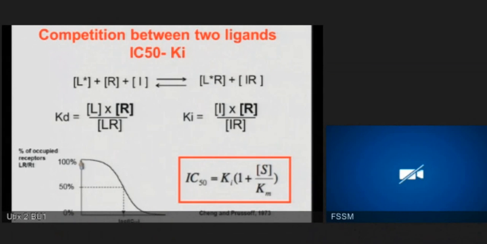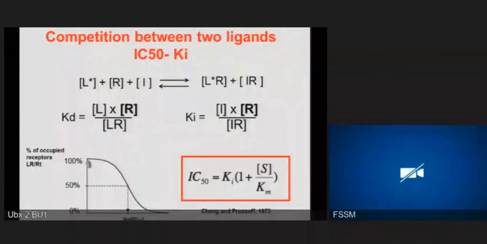Experimentally, if you don't have I, you will stay at 100% occupancy of L on LR. But if you put a little bit of I, you will reduce progressively the percentage of occupied receptor LR on RT.